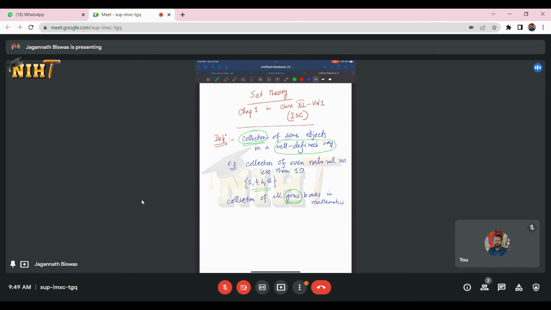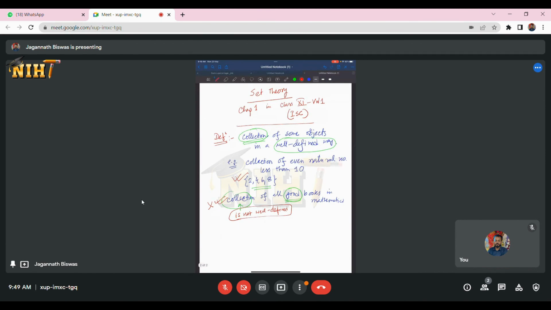So in that case, this collection is not well defined, so this collection is not a set. Okay, but this is a set. So that is the basic concept of the definition of set.